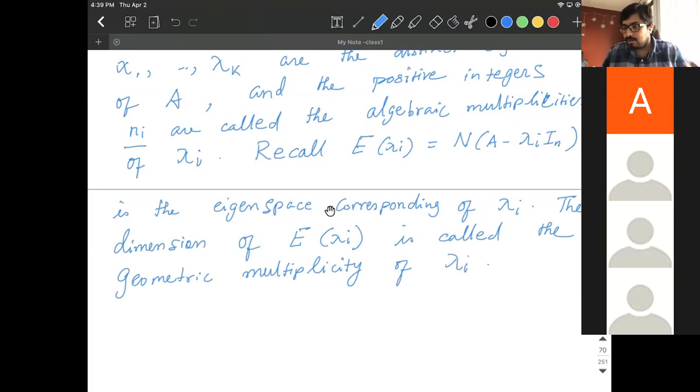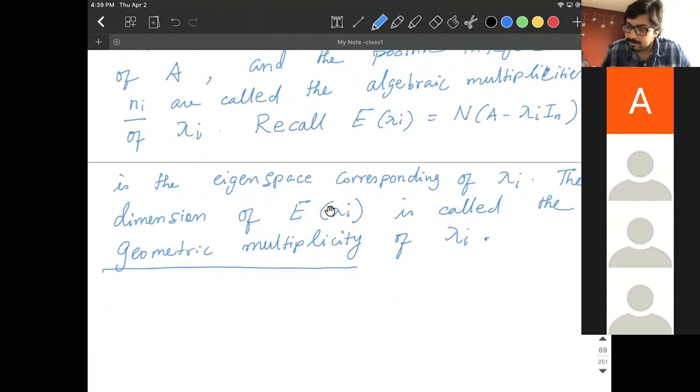So in the geometric sense, this dimension measures the degrees of freedom that this eigenvalue has, because dimension measures the degrees of freedom of a vector space. Okay, so this is the geometric multiplicity, the dimension of each eigenspace.